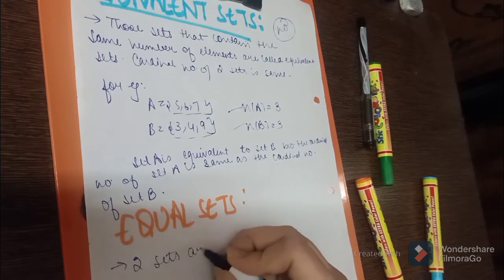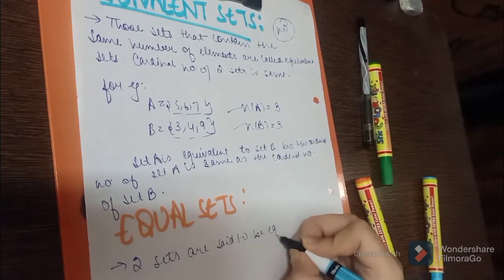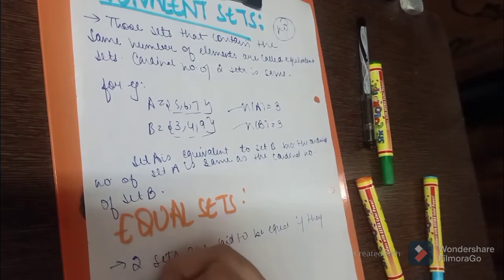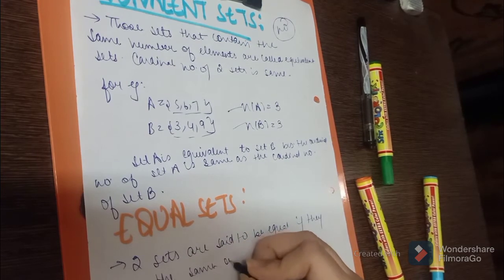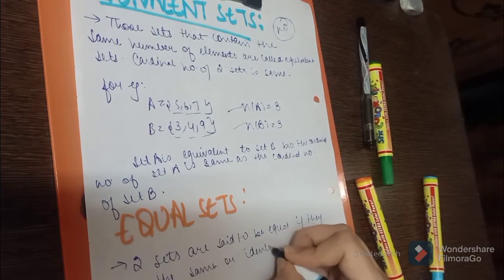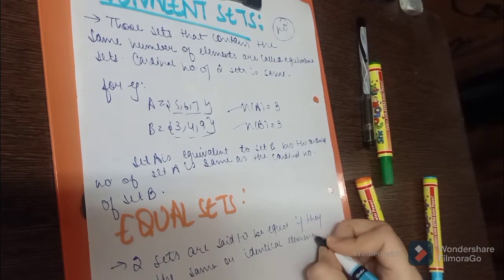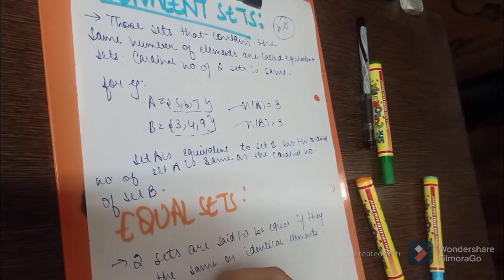Two sets are said to be equal if they have the same or identical elements, right? Now let's take some examples.